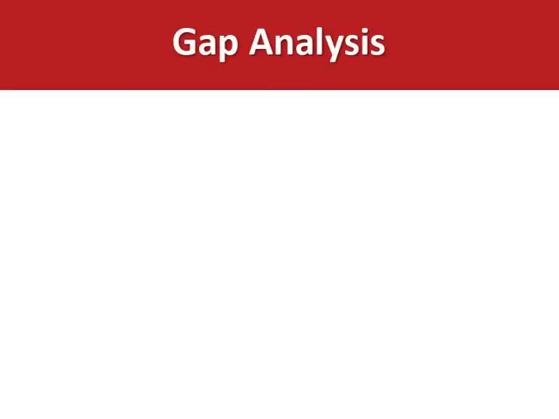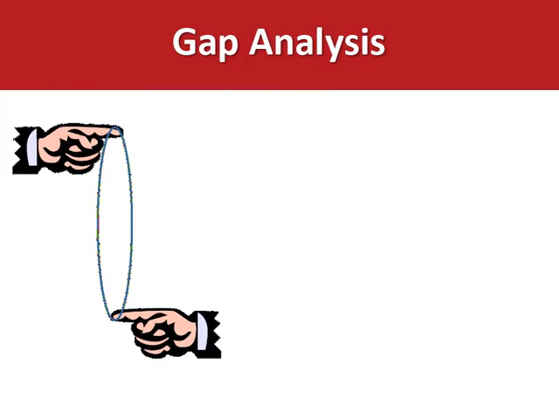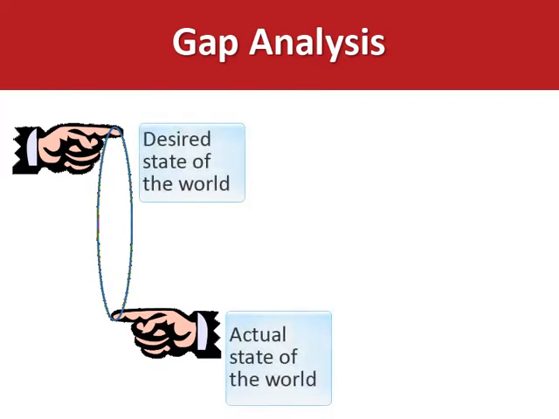Let's return to this notion of gap analysis in order to illustrate a more complicated and a more useful Bayesian network. So as always in gap analysis, we're interested in the desired state of the world, the actual state of the world, and the gap between those two states, which creates creative tension, or more practically, the trigger for your managerial action.